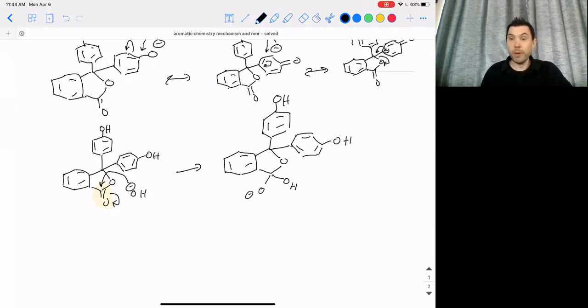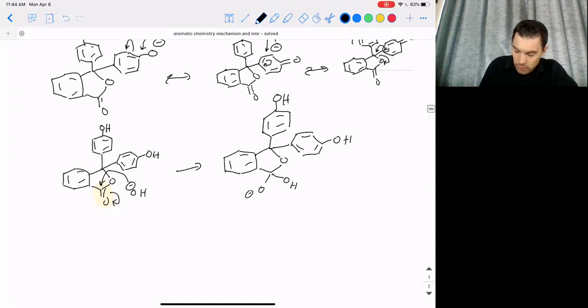And so we would make a tetrahedral intermediate that's part of an addition elimination mechanism that's common to the acyl substitution. And so then we could just imagine having this attack down and collapse off to make our product.